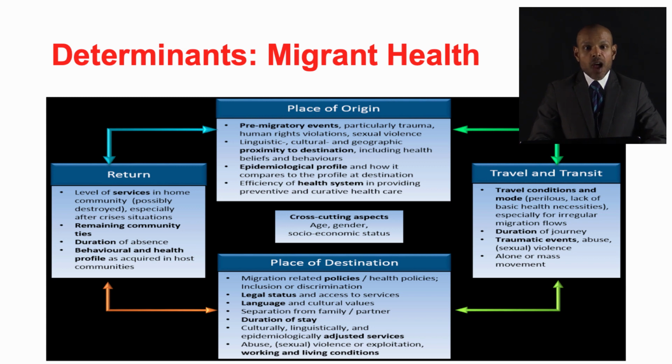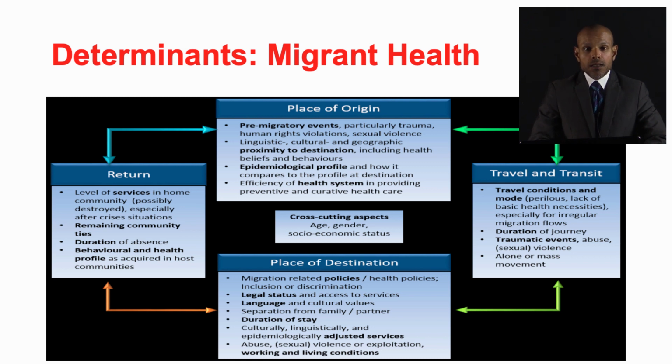And a lot of this travel includes mass travel, movements of people in large numbers, highly densely packed communities in motion. Then we have the place of destination, and the destination will have variations in social, cultural norms and values, differences in language, differences in education systems, different working and living conditions, which can also impact the health and well-being of migrants and refugees.